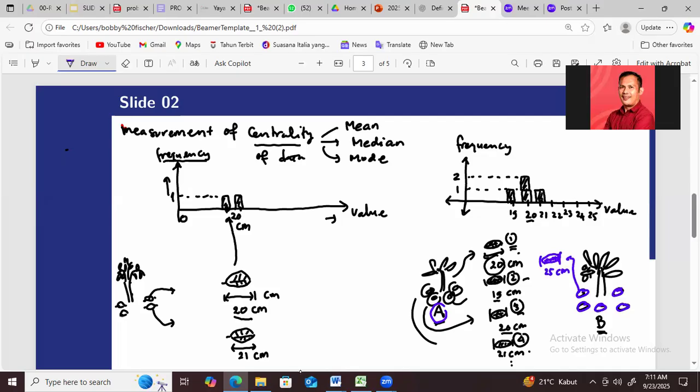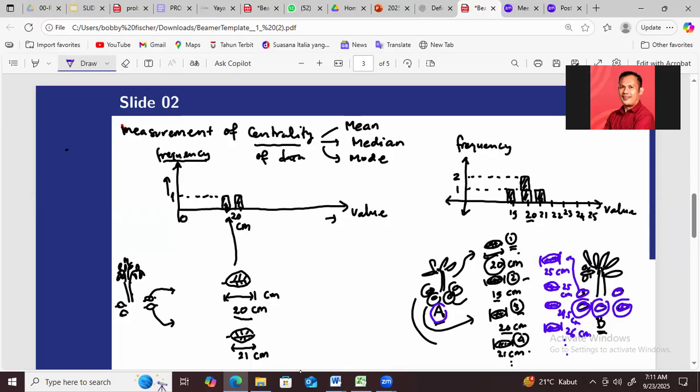Okay, and the second one here, say that this is another 25 centimeter. And then the third one, say that this is 24.5 centimeter. And then the fourth one here, say that this is 26 centimeter, and so on. Okay.